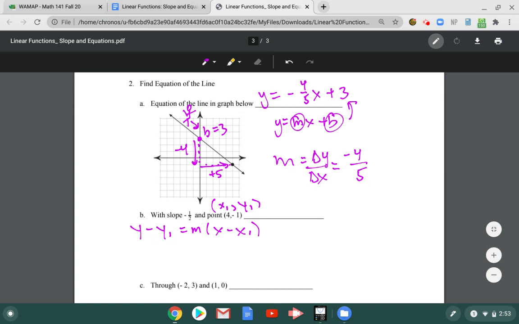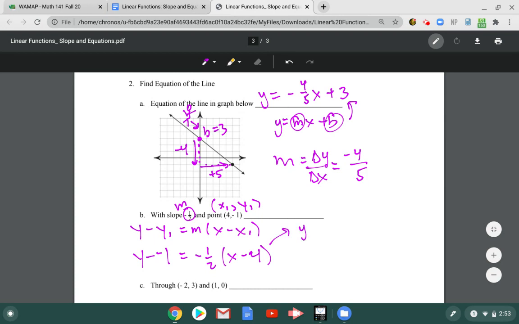With those subscripts, that's going to be some known values. I also have m. m is my negative 1/2. So filling in what I know, I've got y minus the y given, which is a negative 1, that's going to change into a plus, is equal to m, so negative 1/2, times (x minus x1, which is 4).